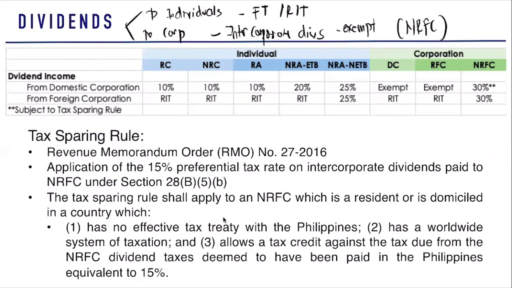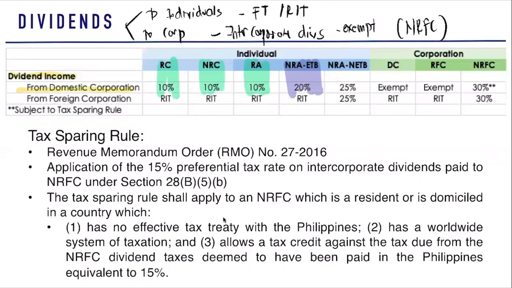So here, look at it. So if we have your dividend income from your domestic corporation, we have here your rates. Resident citizen, non-resident citizen, and resident alien, 10%. Okay? Resident citizen, non-resident citizen, resident alien, 10%. And then we have your non-resident engaged in trade or business, 20%.